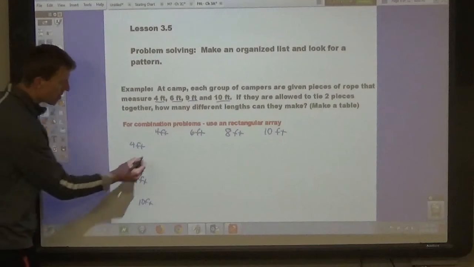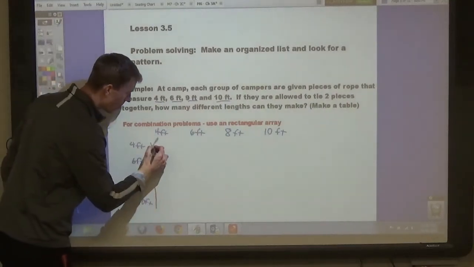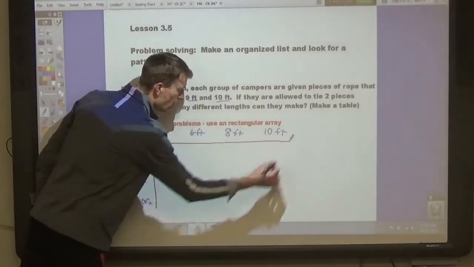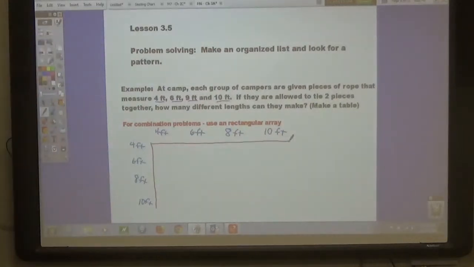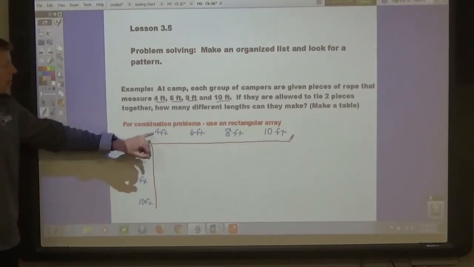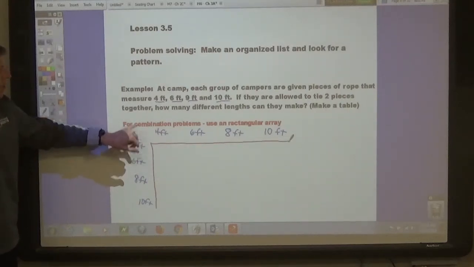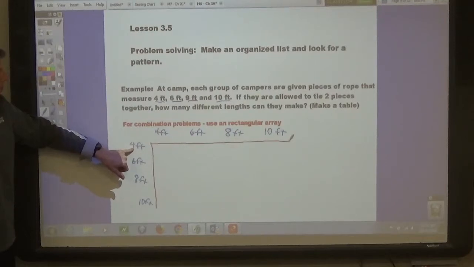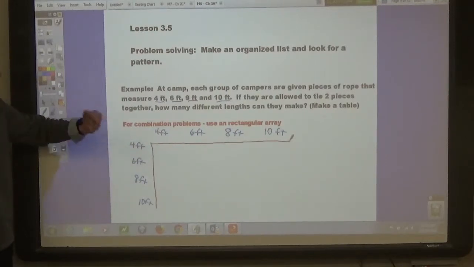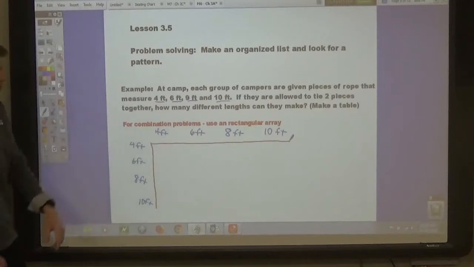Now with this rectangular array, you can write down the possibilities. Okay? So, for example, you could attach a 4-foot, wait a second now, we have to see, can you attach a 4-foot with a 4-foot? Nope, because there's only one 4-foot length.